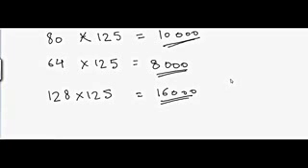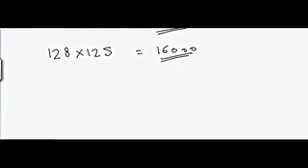So now let's go to multiplication by 15. In case of 15, this is a little different. Suppose we have 64 and want to multiply it by 15. In this case, what I will do is take 64 and add 64 divided by 2 to it, and then multiply by 10.